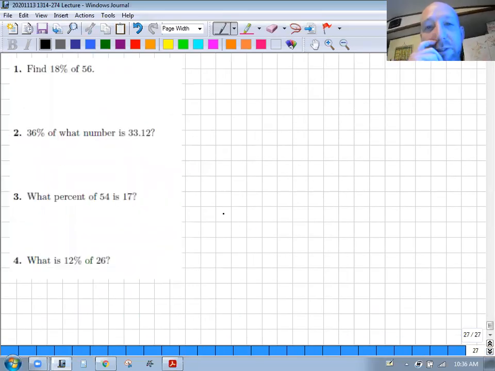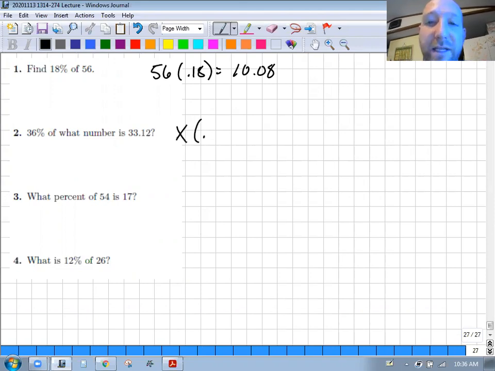Find 18% of 56. 56 times 0.18 is 10.08. All right. 36% of what number? So we have some number. We're taking 36% of it, and we're going to get 33.12.